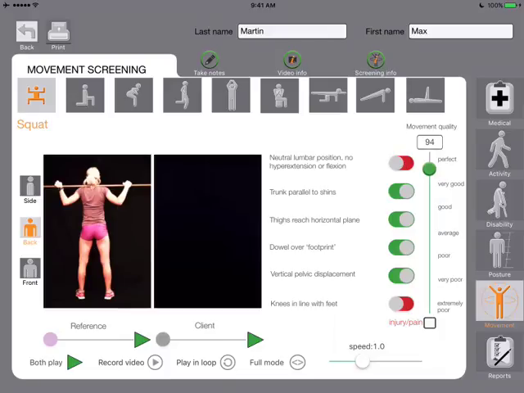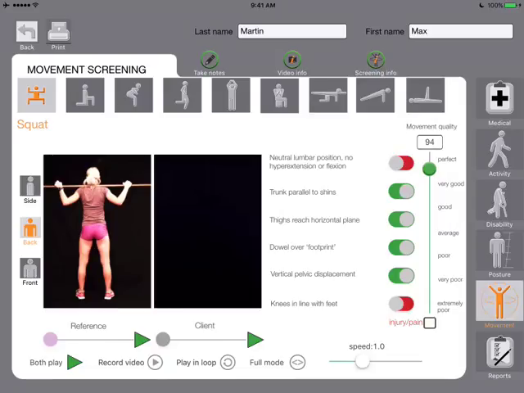If we look at the last question with the squat, the knees in line with the feet: if the knees are not in line with the feet, we know that's likely to place the knee at greater risk of injury primarily, but the ankle and the hip are also likely not functioning perfectly, and so they are also at a greater risk of injury. That's one of the bits of data that goes in towards calculating those hotspots.